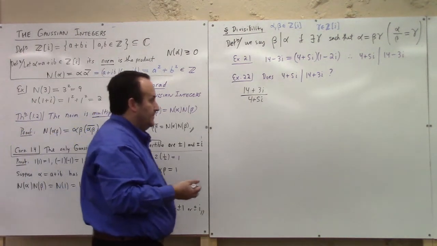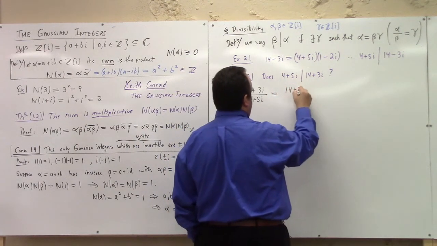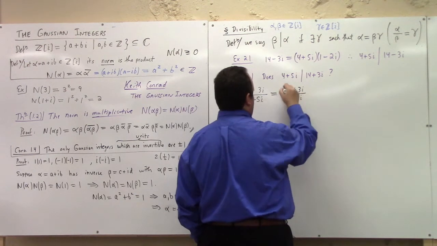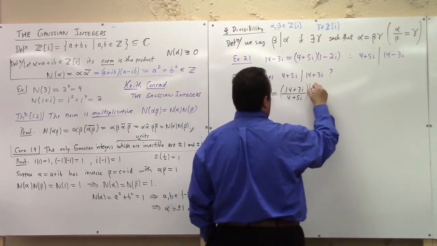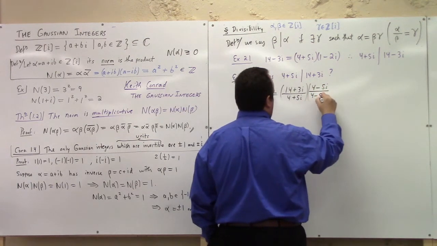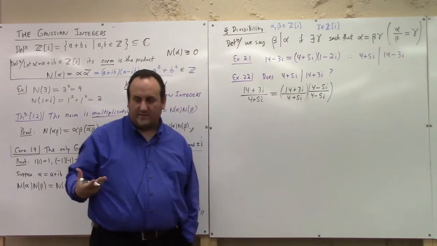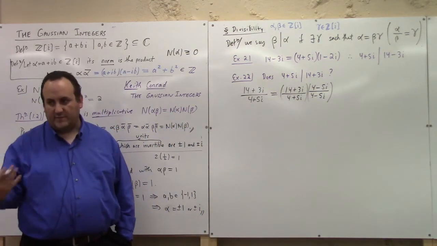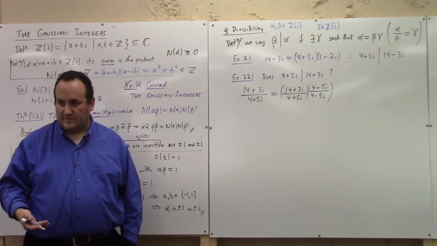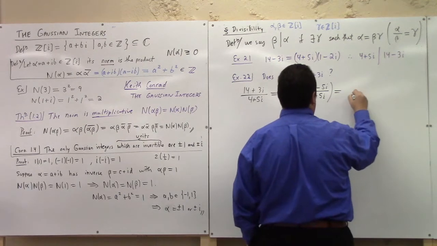So the trick is you multiply by the conjugate of the denominator to rationalize: 4 minus 5i over 4 minus 5i. Downstairs, it's 4 squared plus 5 squared, which is 16 plus 25, so 41 in the denominator.